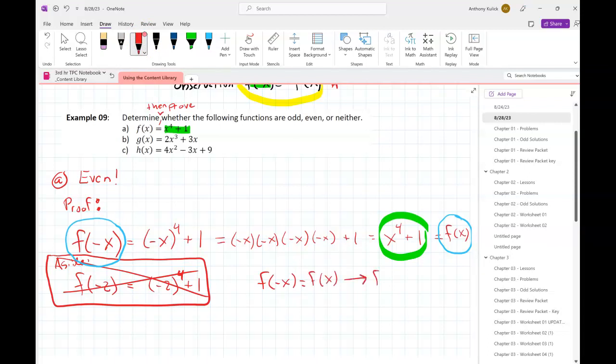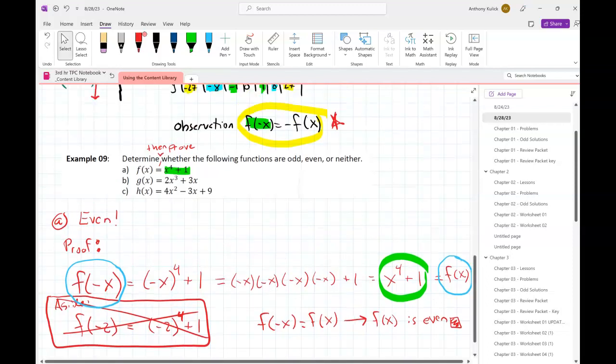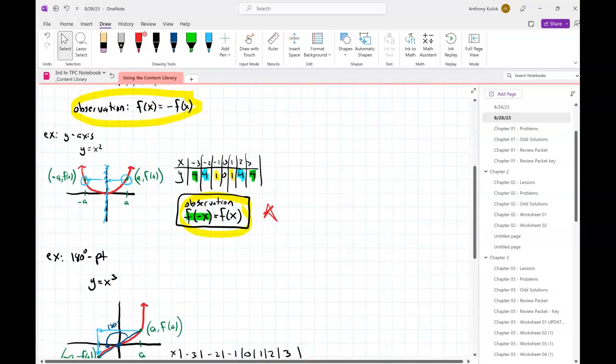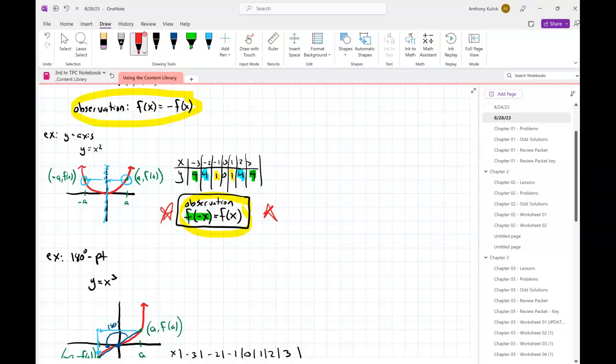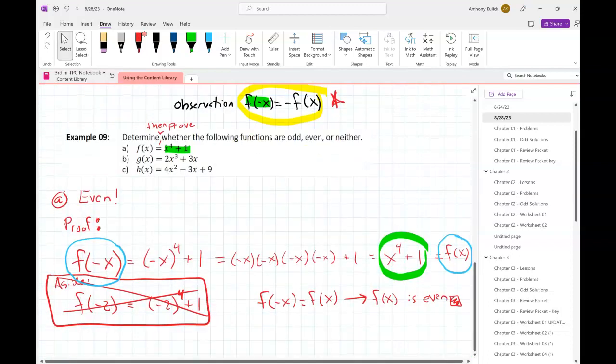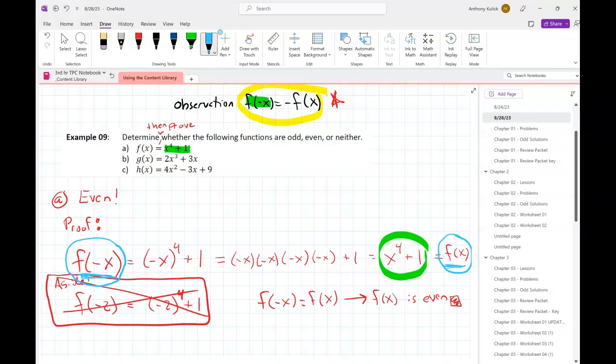And that tells me that f of x is even. That's what I need to show in order to complete my proof. Remember, if we went back up and looked at our observation for even, that's what we needed, right? That f of negative x is equal to f of x. And what did we show down here? f of negative x is equal to f of x. So we're done!